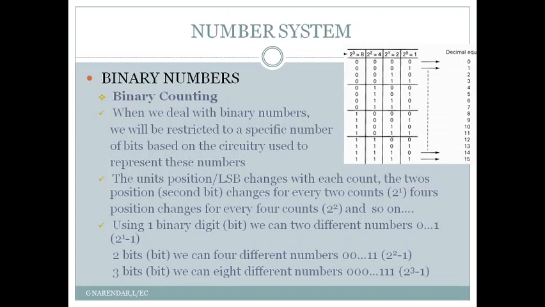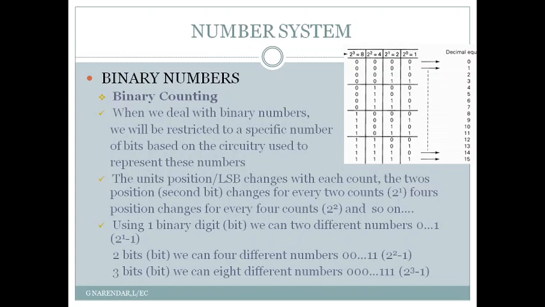Observe that the units position changes with each count, and the 2's position changes for every 2 counts, and the 4's position changes for every 4 counts, and so on.